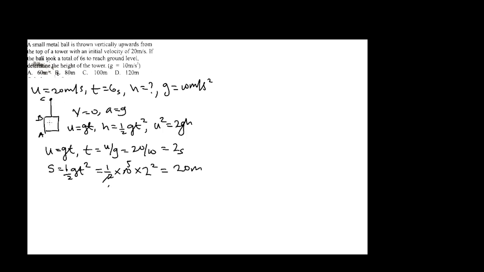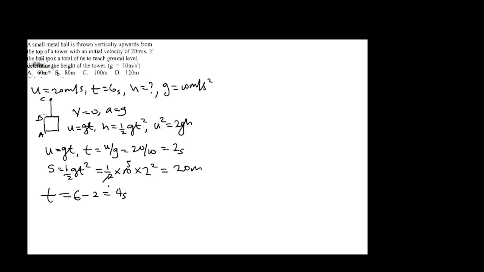So the whole of the time taken is 6 seconds. So we can easily identify the time that takes the body to move from C to A. We say the time for the body to move from C to A is given as 6 minus 2, and that will be 4 seconds. So that's the time that takes the body to move from C back to A.